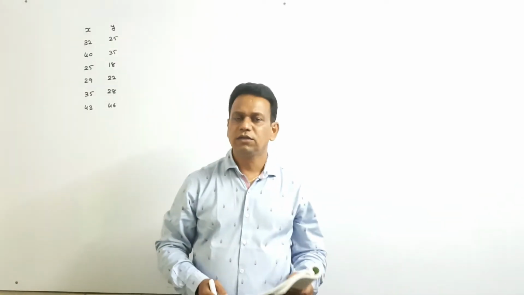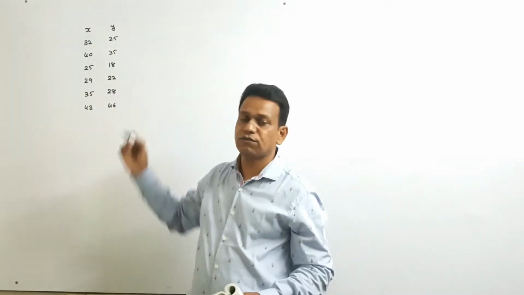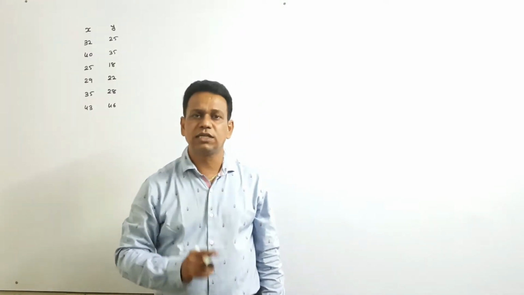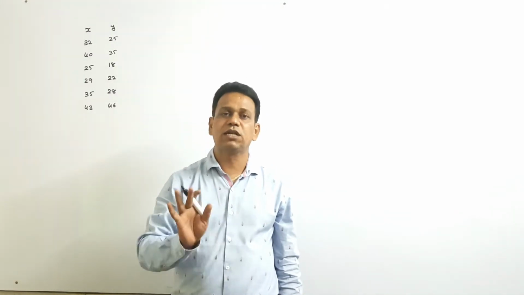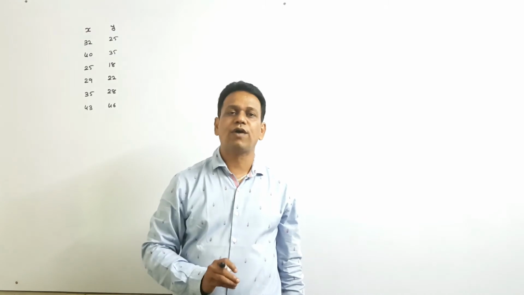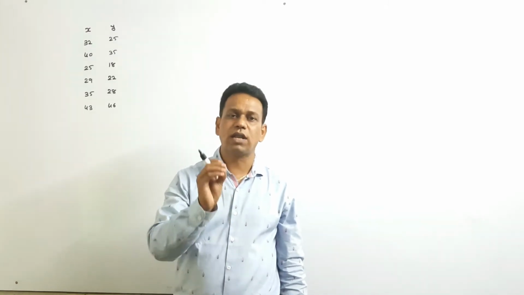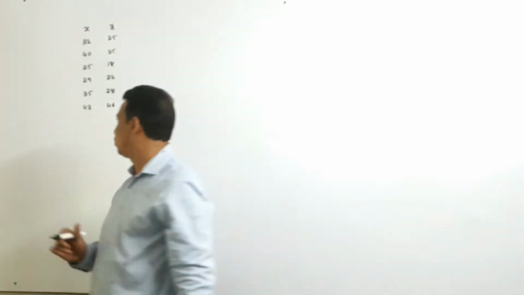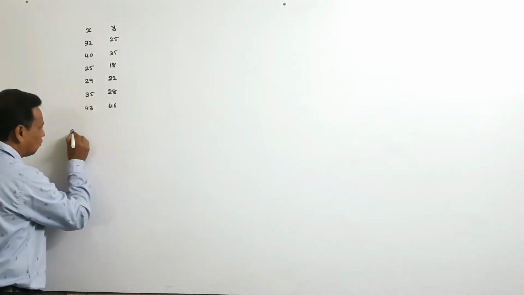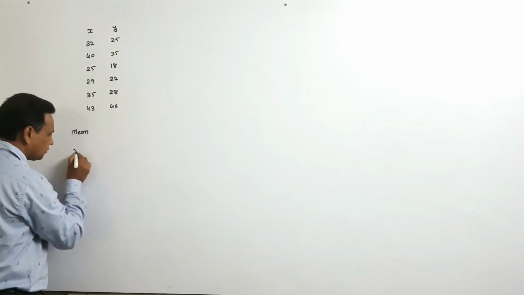My dear friends, two columns are available, x and y. So I have mentioned over here x and y. And one thing is compulsory in this chapter: every time, without seeing anything, we have to find out our mean, that is called x bar and y bar. So now below the data I would like to write the mean.